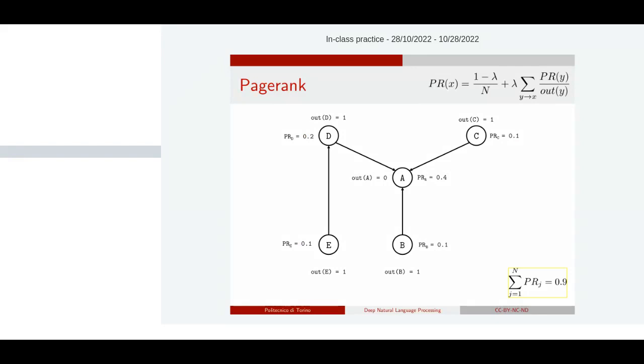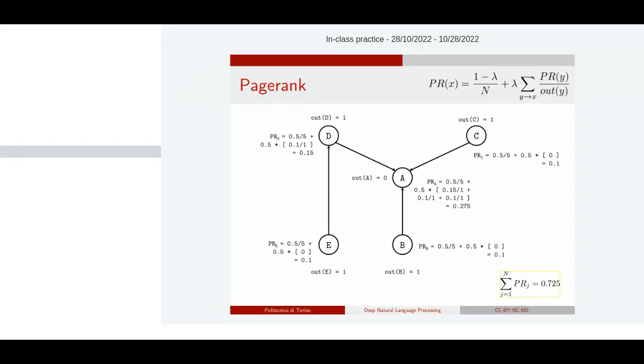For a probability distribution, it should be 1, right? If I continue iterating, I will have a sum that is 0.725. So what's happening? I'm not just doing bad math. There is something that we should consider once we want to run PageRank over our graph.